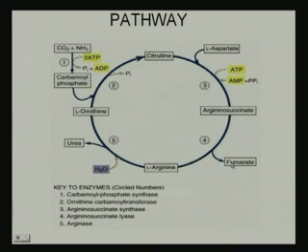We know that fumarate is one of the intermediates of the TCA cycle, so this fumarate enters the TCA cycle. Arginine, another product of this cycle, goes forward, and in the presence of the enzyme arginase it releases urea and another product, ornithine. This ornithine enters the mitochondria of the cell once again.